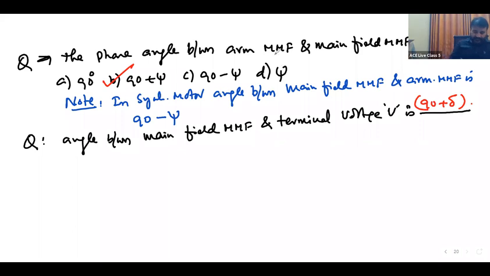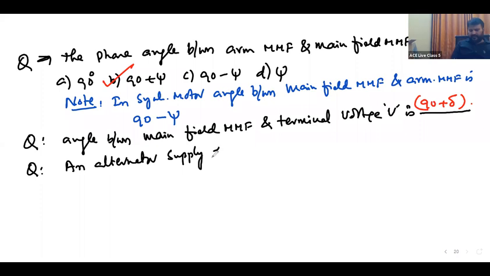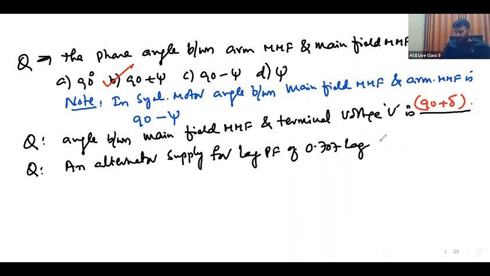Similarly, another question from a previous examination. An alternator is supplying a lagging power factor of 0.707 lagging.